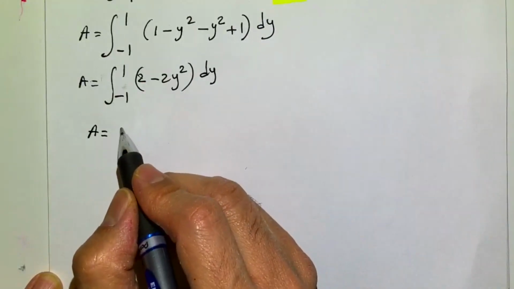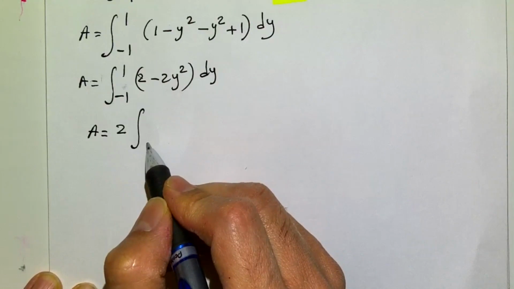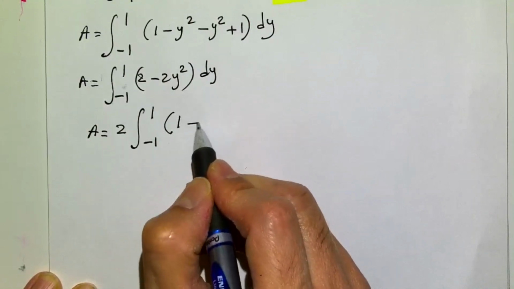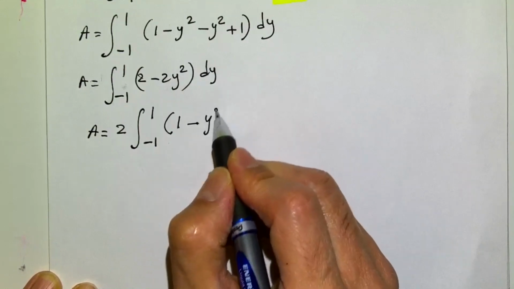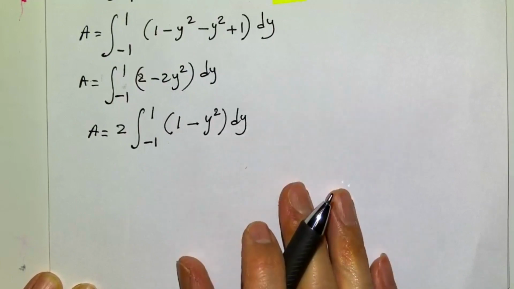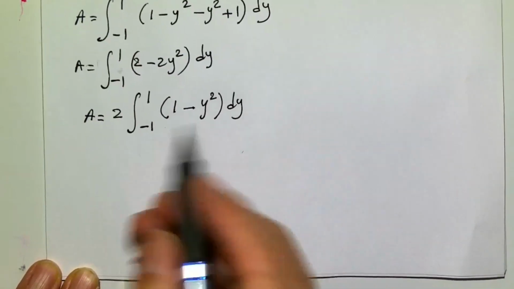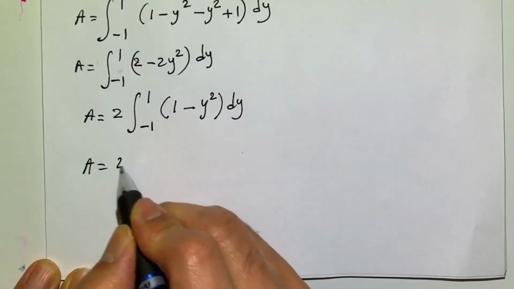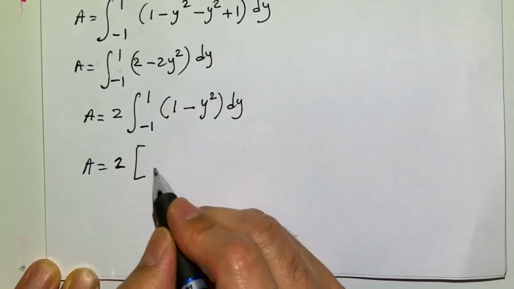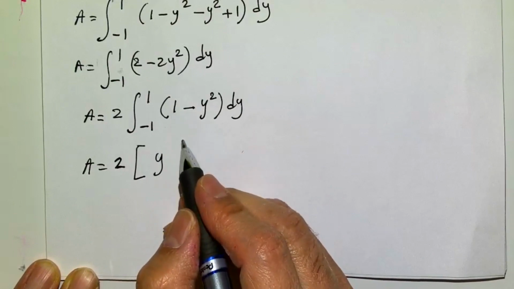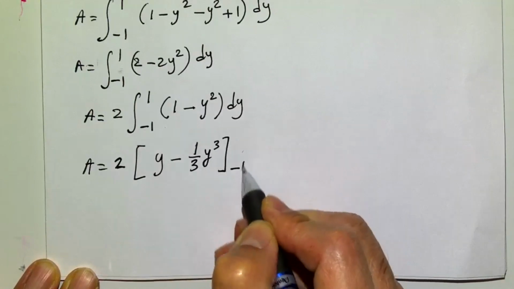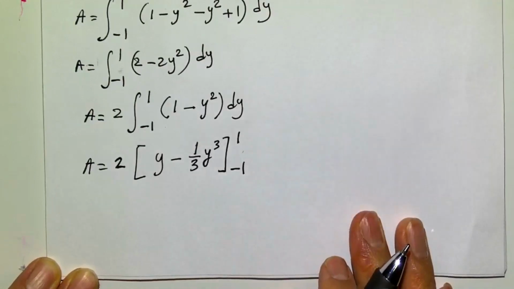So we have 2 times the integral from -1 to 1 of 1 minus y squared, dy. Then let's integrate, with the 2 on the outside, let's not forget that. The integral of 1 is y, minus 1/3 y cubed, from -1 to 1.